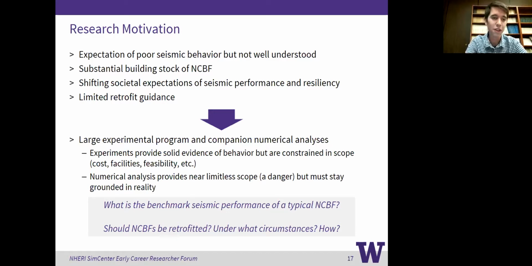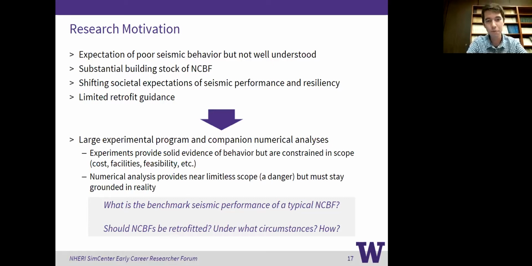The numerical analyses then provide a near limitless scope, which can be a real problem because you can do anything. And so you have to be careful to stay grounded in reality and do work that's well validated by the experiments that you're able to calibrate.